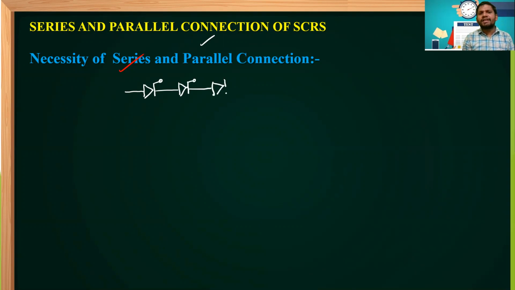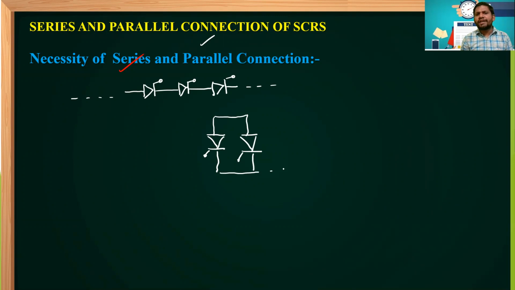This total connection is nothing but one string. Or otherwise, let us assume that SCRs are connected in parallel. This connection of SCRs in parallel is also one string.